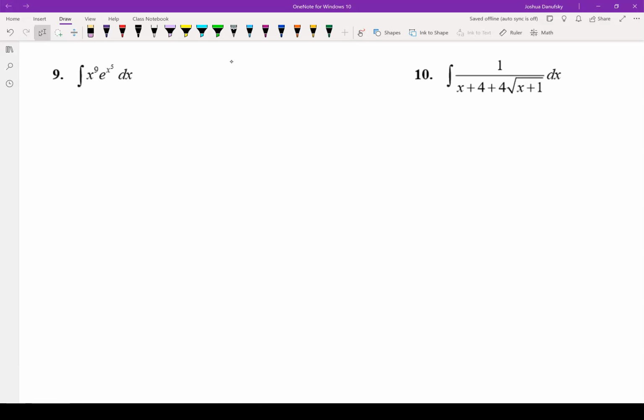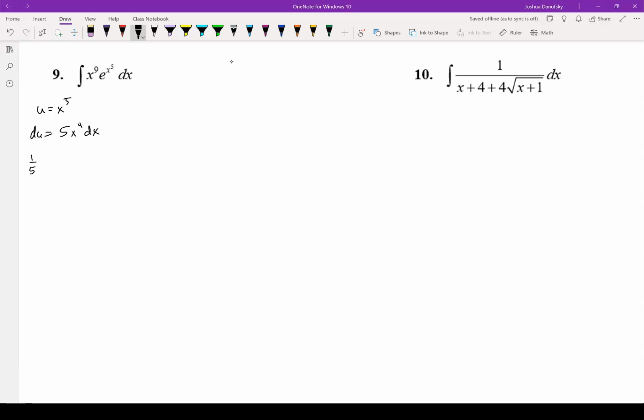Number 9, the integral of x to the 9th e to the x to the 5th dx. When we see exponentials with functions in the exponent, we're usually going to do u substitution. So we're tempted to start here, and then we notice that du is equal to 5x to the fourth dx.